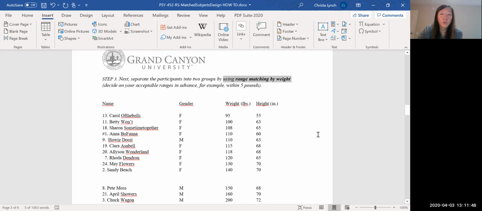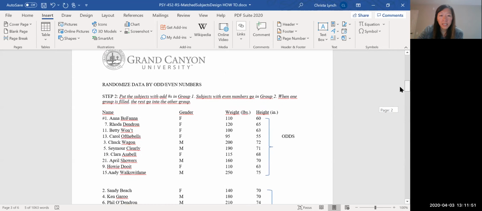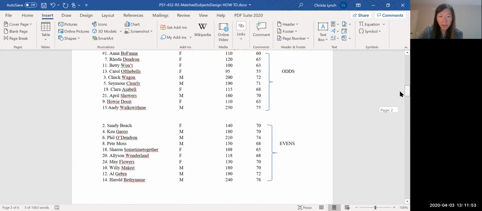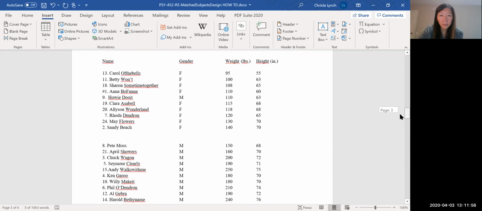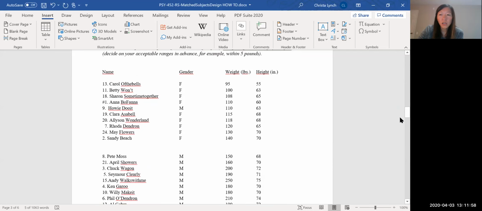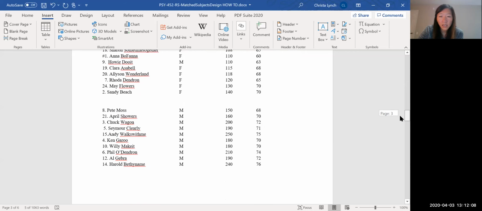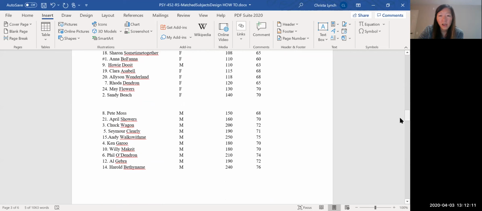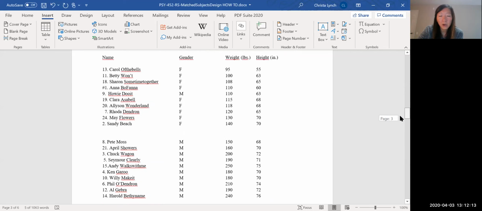Okay. So what does it look like? So I'm taking the second table that I made, the odds and evens, and I'm going to shuffle those around. So I'm looking at weight now. And in this case, I just went through the entire group, not divided by groups, but the entire N of the sample, and I ordered it. Sorry, I guess it is kind of ordered, but I found the numbers that were as close as possible.